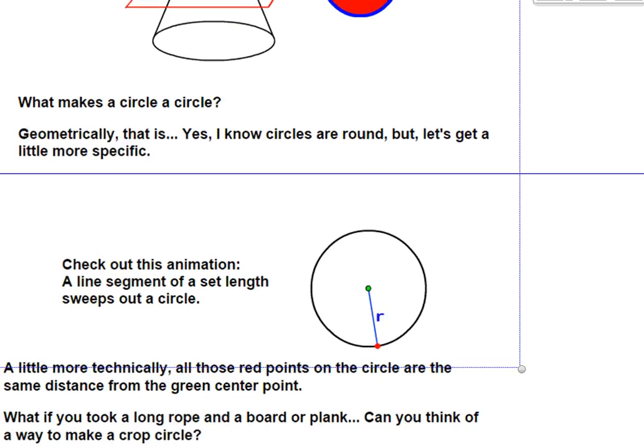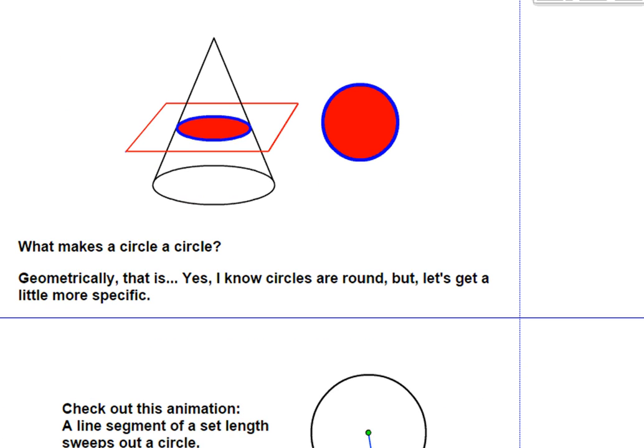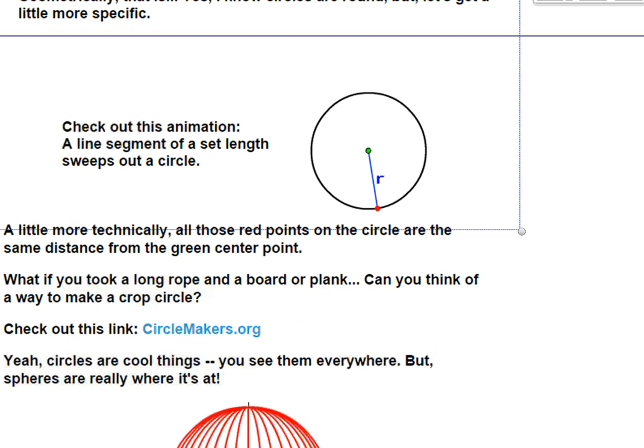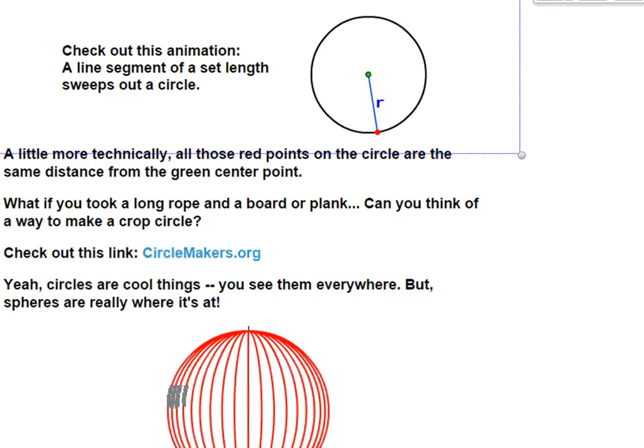So circles are round, and there are some animations. I'll see if I can put some of those on. This is just a SmartNote file, so it doesn't really have that. But if we wanted to make a circle, we can take a string the length of a radius. The green dot is where we would hold our finger to make the center, and then we go around and get a circle.